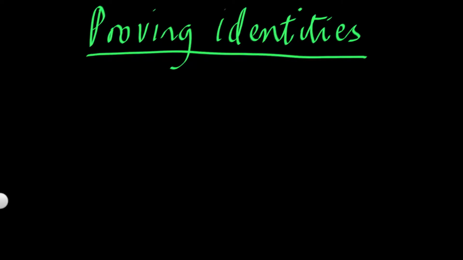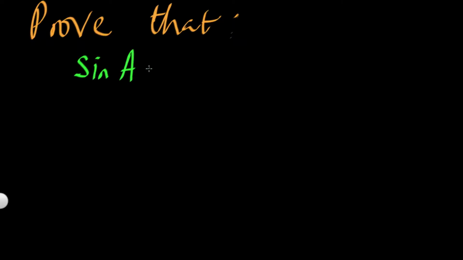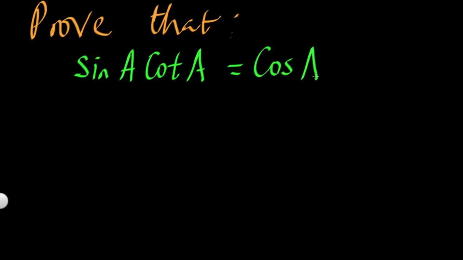So we have this identity, prove that sine A times cot A is equal to cos A. We want to prove this.